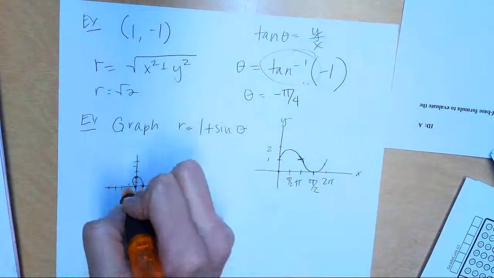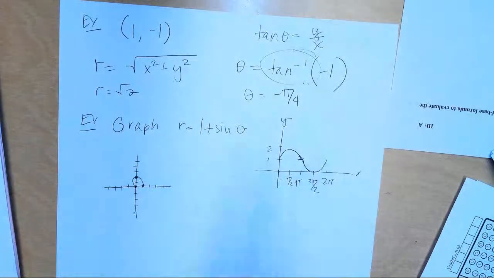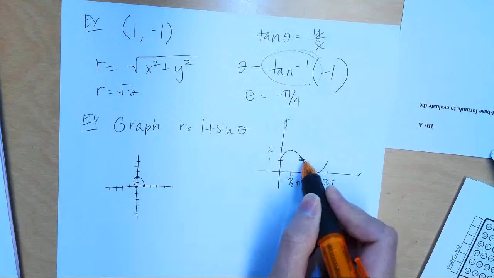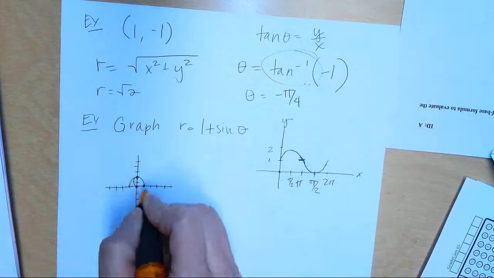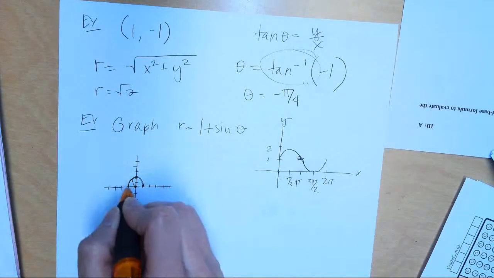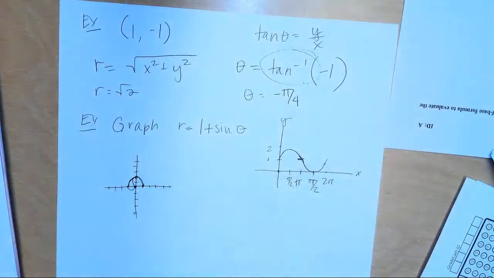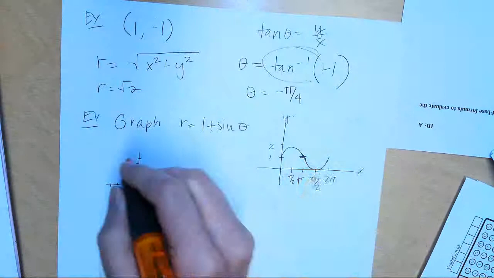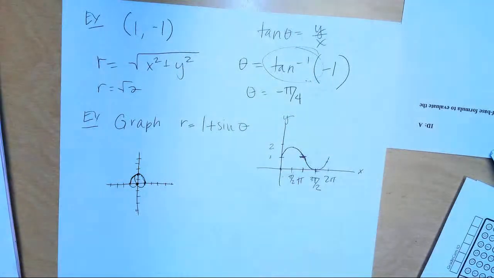Okay, so from pi over 2 to pi, it's going back to 1. Sorry, it should be like this. And then to 3 pi over 2 is back to the pole like that. I'm really sorry. Okay, and then from there, it's going to go back to 1. It looks like a butt, but sure.